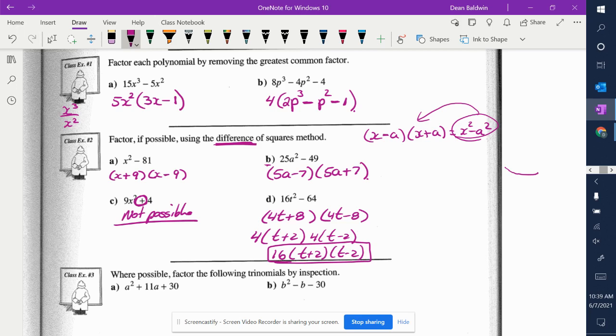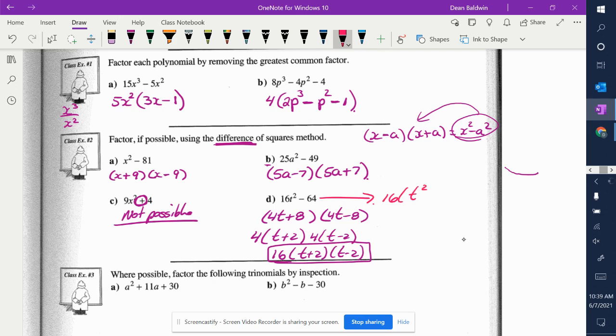Now that's the long way. There's a shorter way to do this. If right at the beginning you look at it, and we'll talk about this on the next page, take out a common factor first. Okay? Common factor of 16 and 64 is 16.